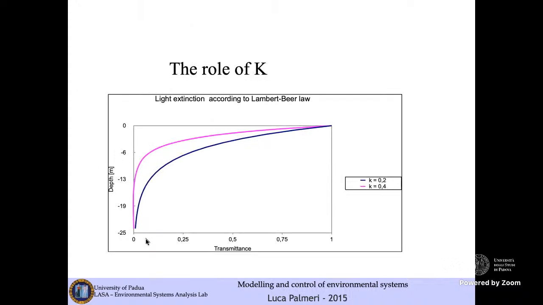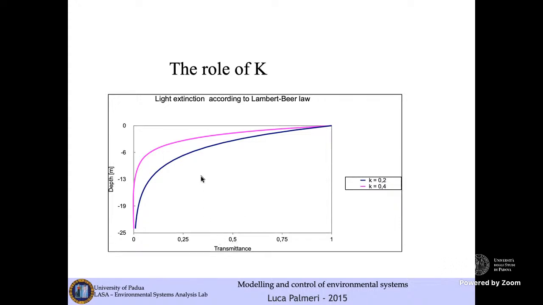So typically, what is the role of K? I remind you that transmittance is equal to E out divided by E in: what arrives on the surface of a water body and what arrives at depth Z of the water body.